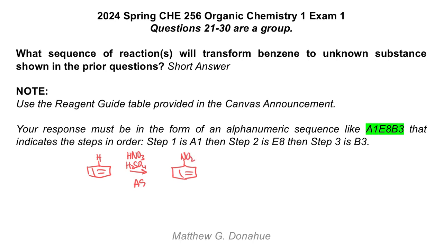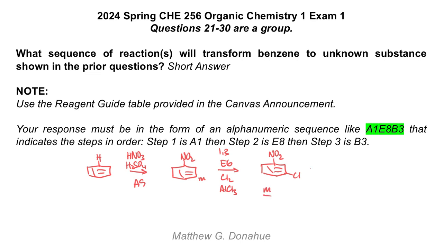So NO2. Now we're primed to do a 1,3 electrophilic aromatic substitution. So we want to do chlorination with E6. Again, that's your Cl2, aluminum trichloride. So NO2, Cl, and now you have the pattern.